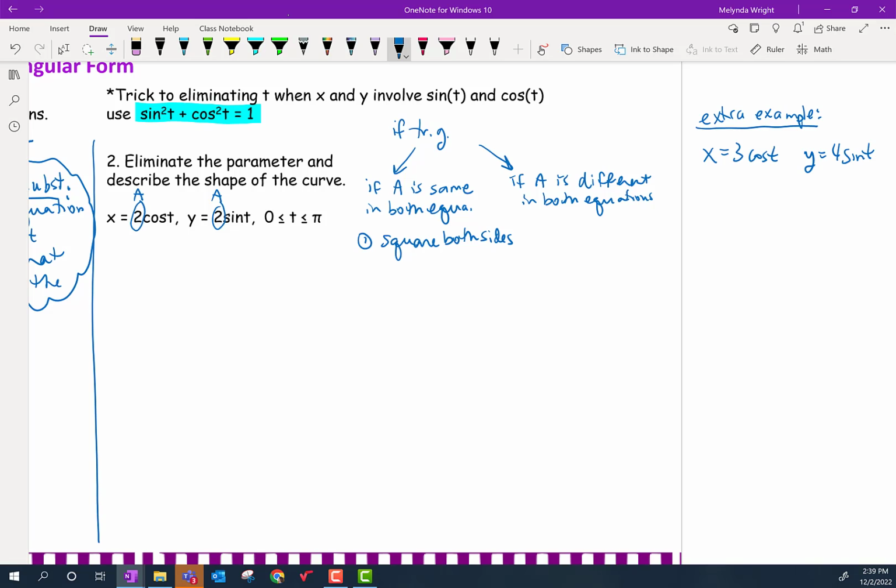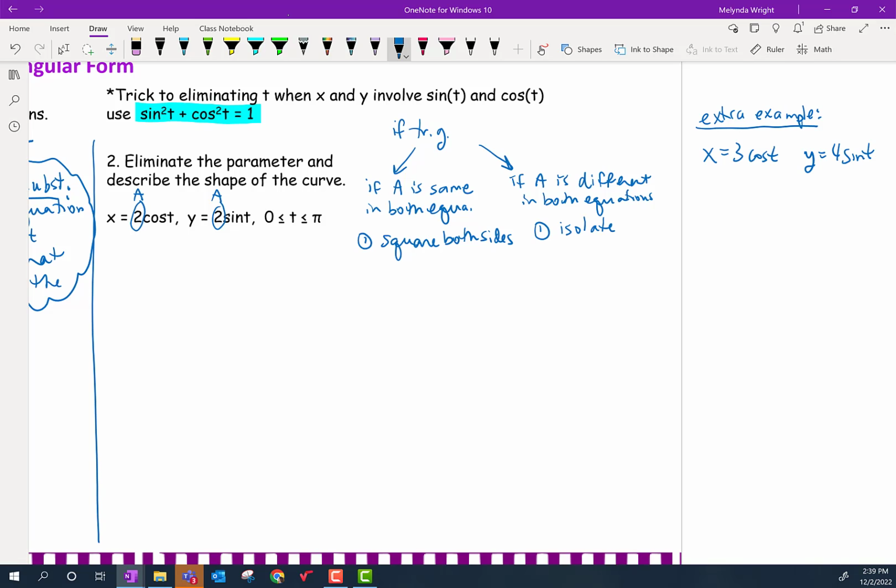These are the only 2 options there are, ladies. So if A is the same in both equations, like our example on our problem here, we immediately square both sides. If A is different in both equations, we have an extra step. We isolate, that's a great math word, right?